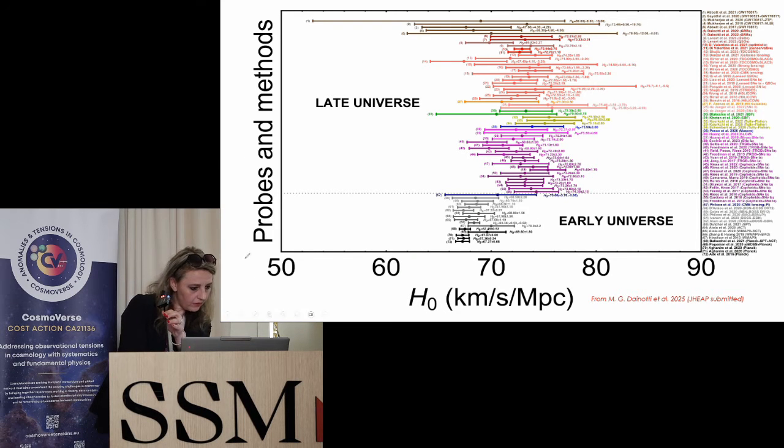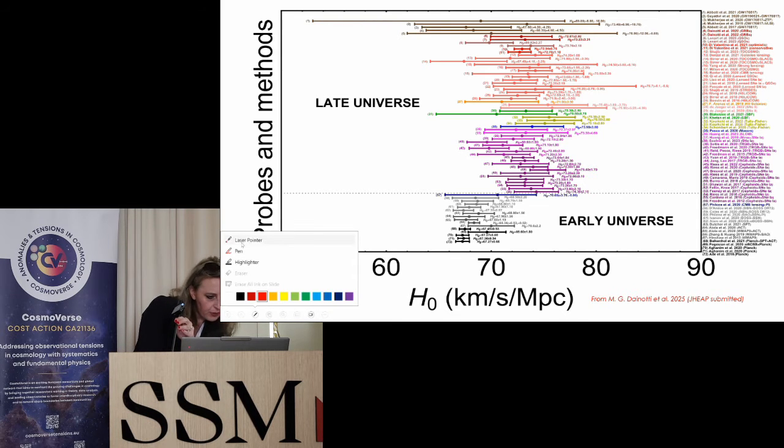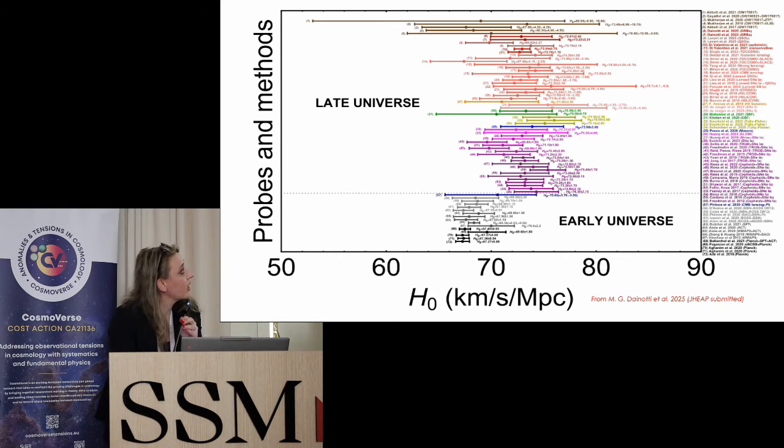Yeah, I can probably do the laser pointer or the pen, and it should work. Can you see? Okay, if you look at the larger error bars in the brown and gray brown, these are quasars and GRBs, and then this very large one is the gravitational wave.